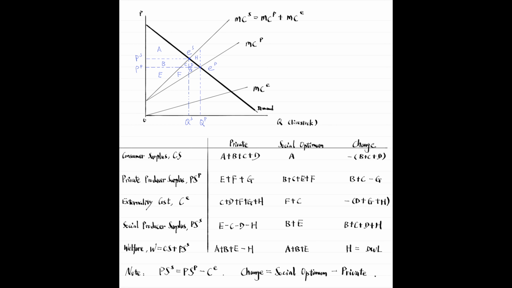Welfare equals consumer surplus plus social producer surplus. The change equals the social optimum minus the private equilibrium. The social welfare is maximized at the social optimum. Compared to the social optimum welfare, the private competitive welfare incurs a deadweight loss of the area of H.